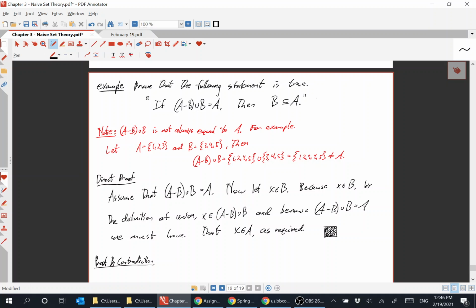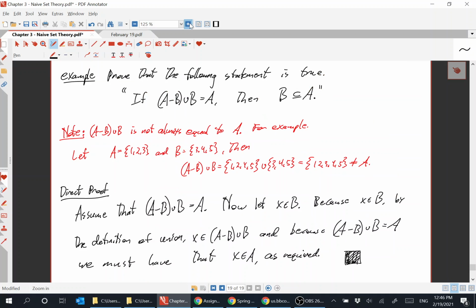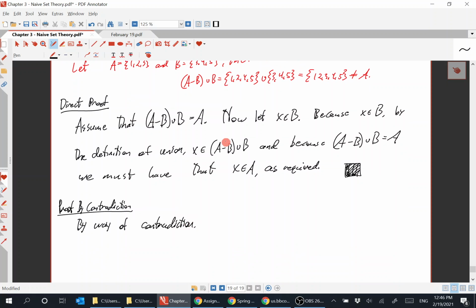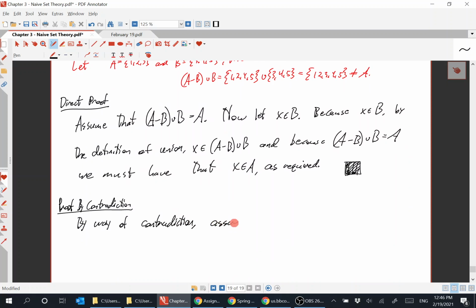So what you write is something like the following. By way of contradiction, assume that A minus B union B is equal to A, and B is not a subset of A. You must write "by way of contradiction."